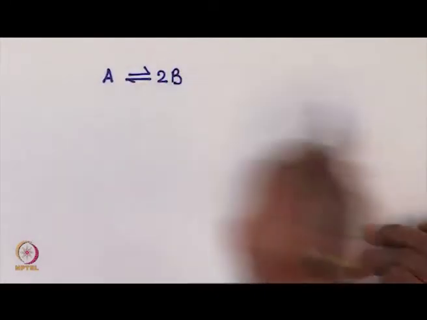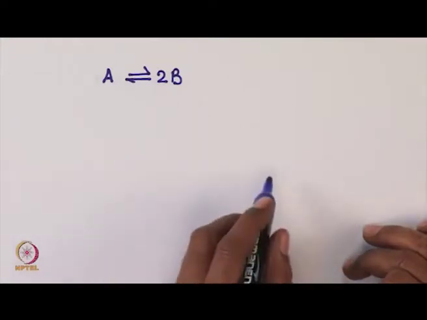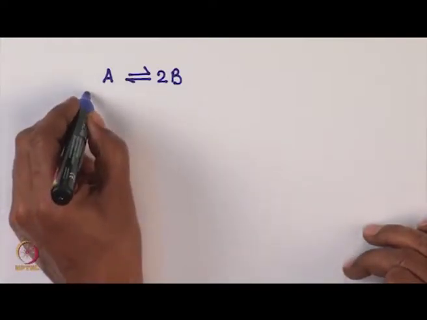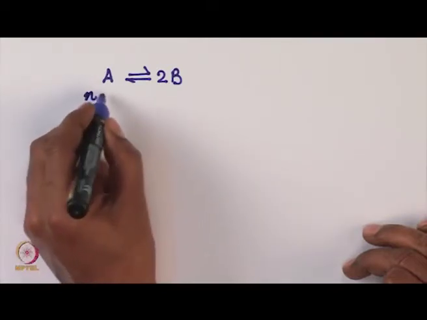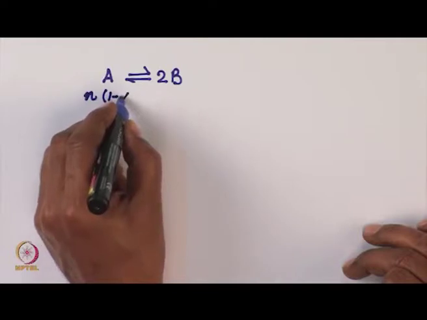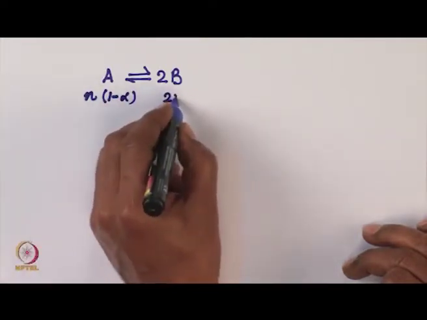The right hand side is dissociation, the left hand side is dimerization. And if n is the number of moles at equilibrium and alpha is the degree of dissociation, you have 2n alpha.